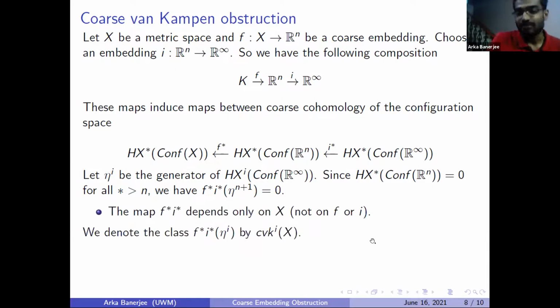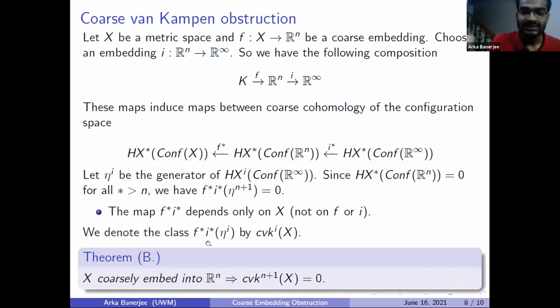The main point is that this map depends only on X, not on f or i, so I can denote it by this. So this is an intrinsic class of X, and just like the Van Kampen obstruction, if X coarsely embeds into R^n, then this class vanishes. That is the obstruction in the coarse setting.